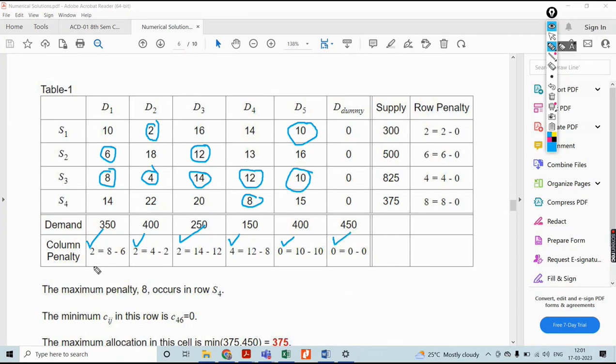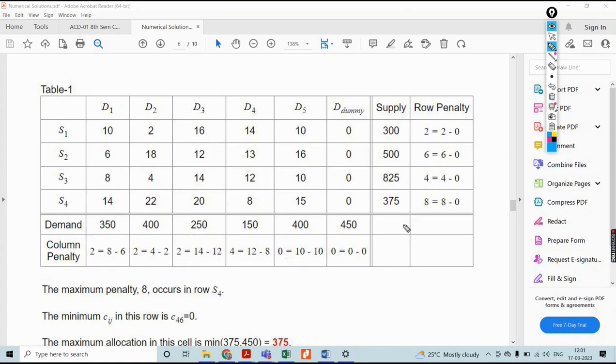Okay, whatever values you got here are penalties. In these penalties, you have to identify the maximum penalty. Which is maximum here among these values? 8 is the maximum value.